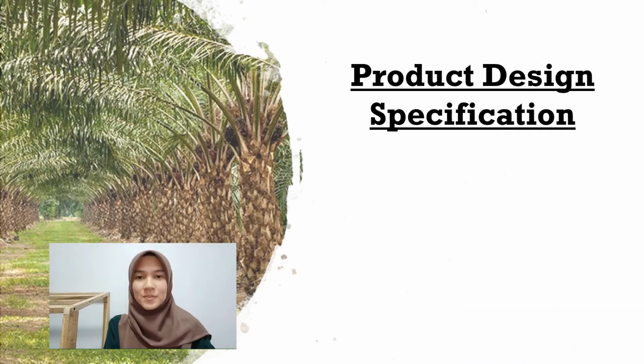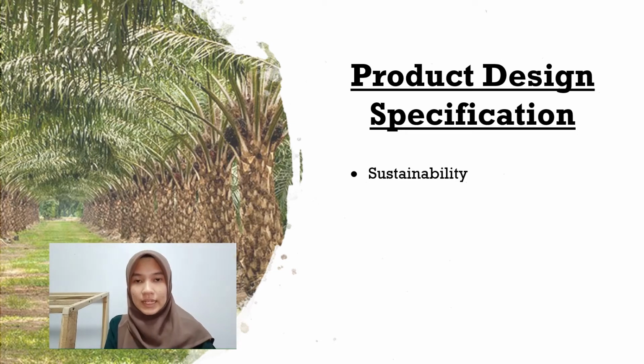computation. Various specifications have been considered in this design. One of them is sustainability. This specification has been attached to the design features to ensure that when we are helping the people, at the same time we can help the environment too.